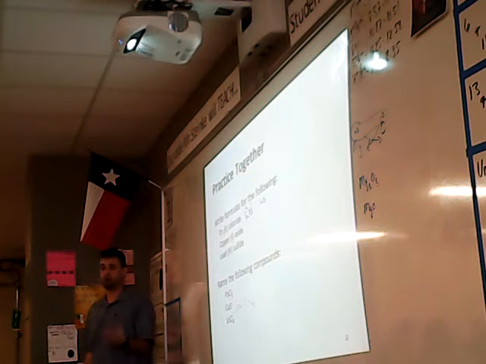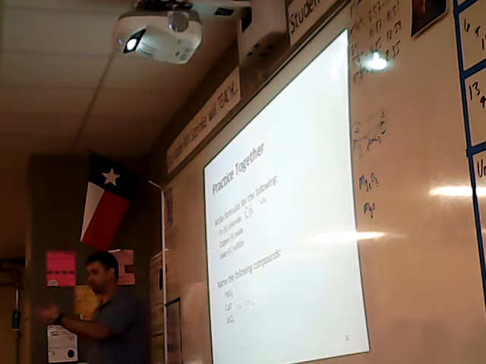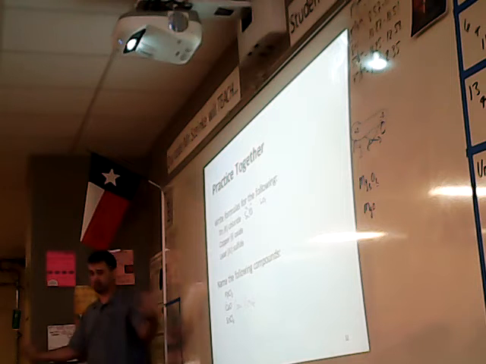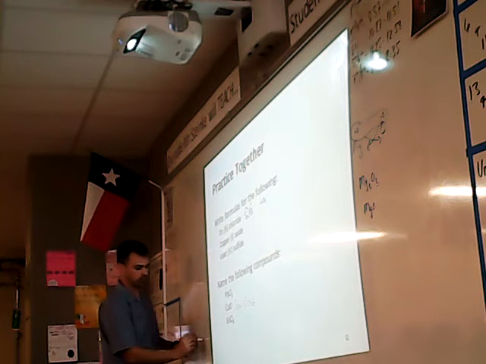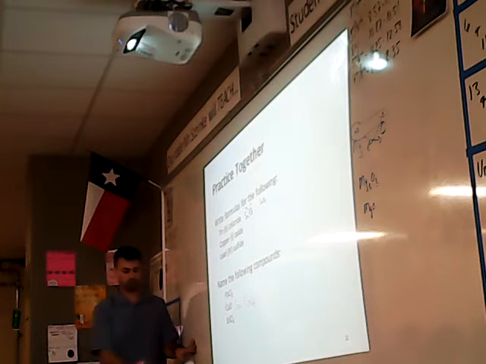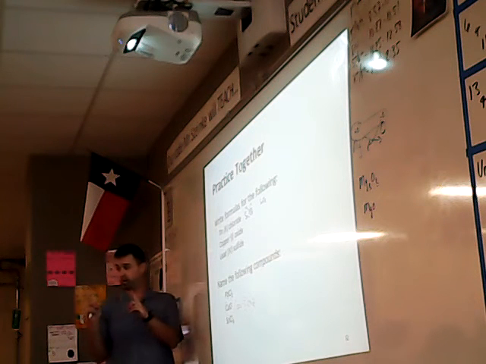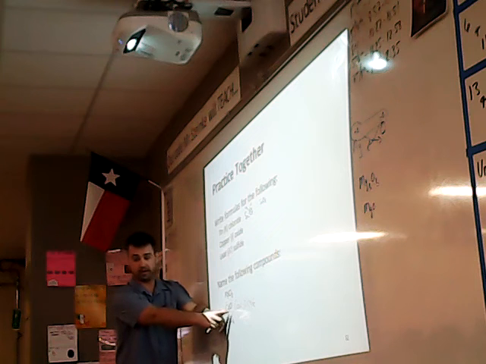If you don't know, try 1, try 2, try 3, try 4. At some point, one of those is going to answer that question. Some of you can see it already. That number is going to be a 2. Why is that a 2? Because 2 and 2 can reduce to 1 and 1, which is what I need.